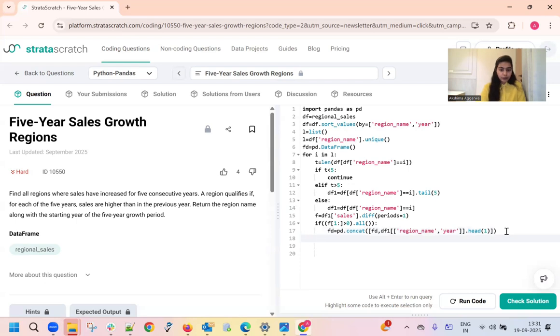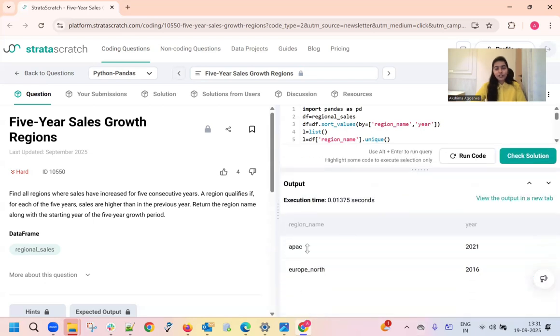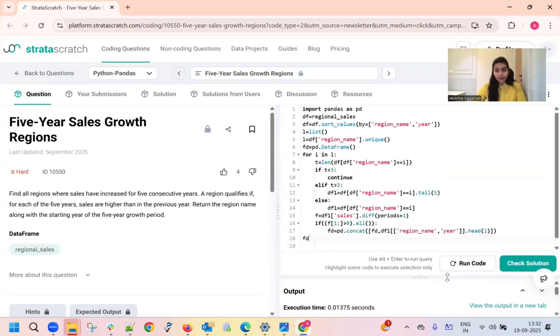Now let's print the output. So this is the output. There are two regions, APAC and Europe North. The starting year is 2021 for APAC and for Europe North it is 2016.